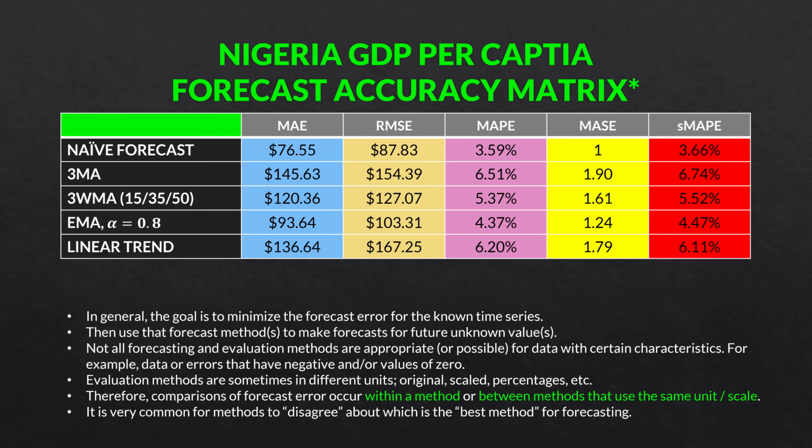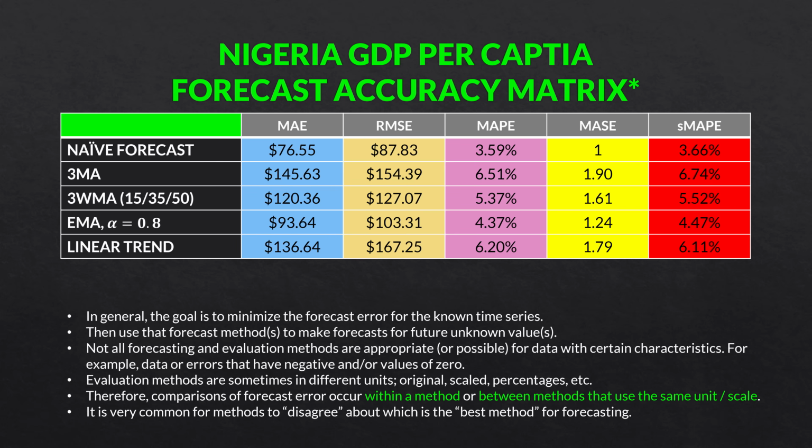In terms of the mean absolute percentage error, we can see that at 6.2, it's not the worst, but again, it falls between the 3-period simple and 3-period weighted. For the MASE, or the maze, we can see that it is between, again, the 3-period simple and the 3-period weighted at a value of 1.79. Remember the interpretation of the maze. We are comparing a forecasting technique essentially to the naive forecast. That's why the naive forecast has a maze of 1.